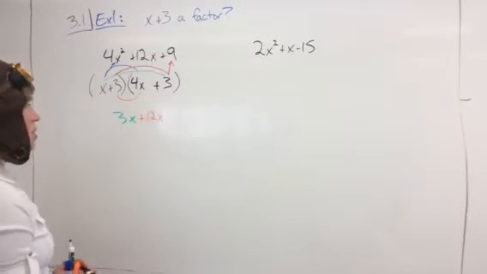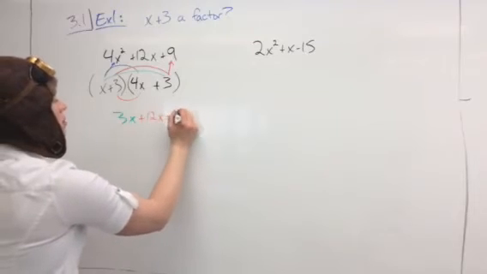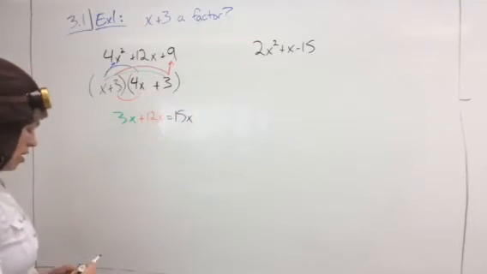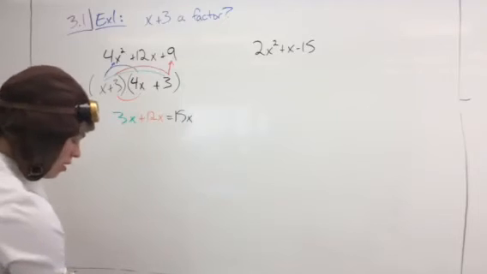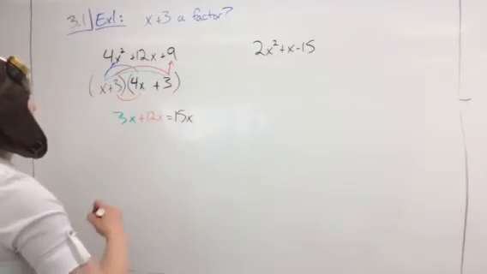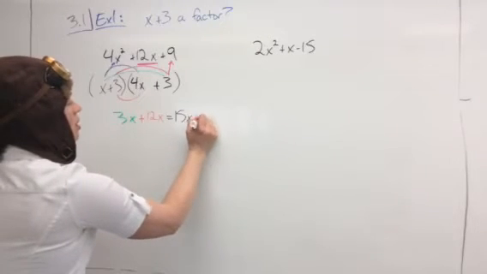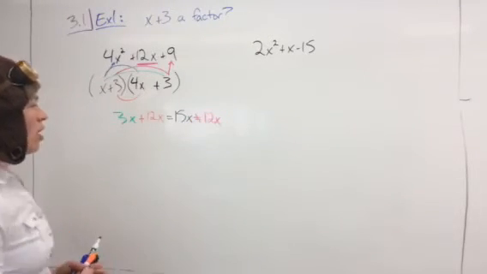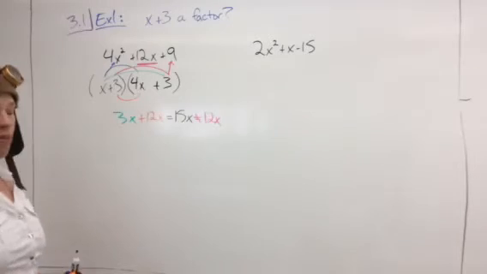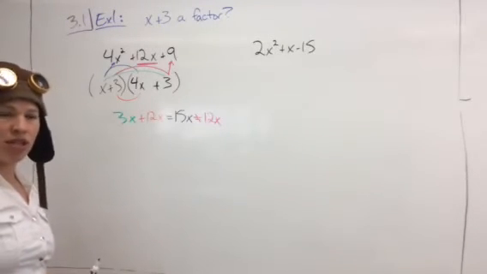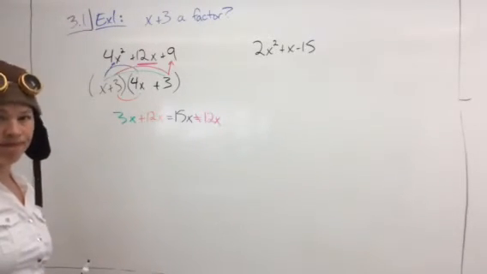If I want to add those guys up, I've got 15x. But what I'm looking for is 12x. So 15x does not equal 12x, which means that x plus 3 can't be a factor because it didn't work for our middle term.